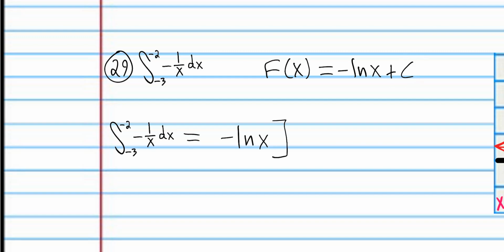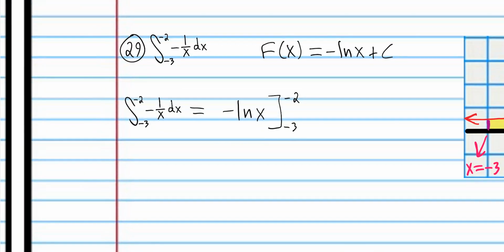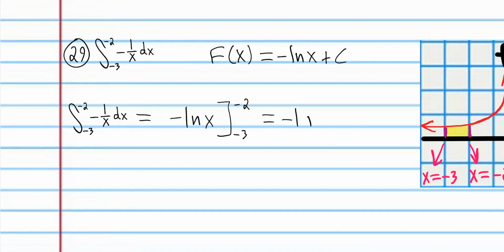We're just going to write brackets and then write a -3 and a -2. And what that means is that we're plugging in -2 using the fundamental theorem of calculus and then subtracting the same expression with -3 plugged in.